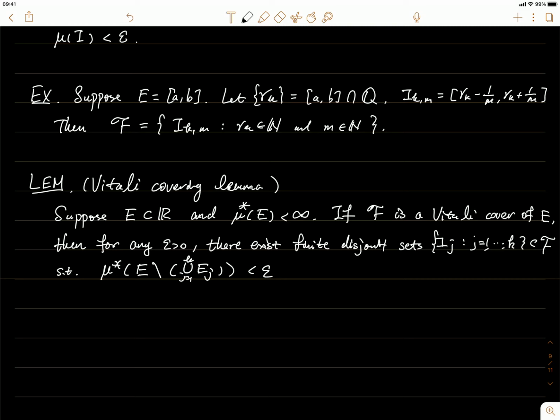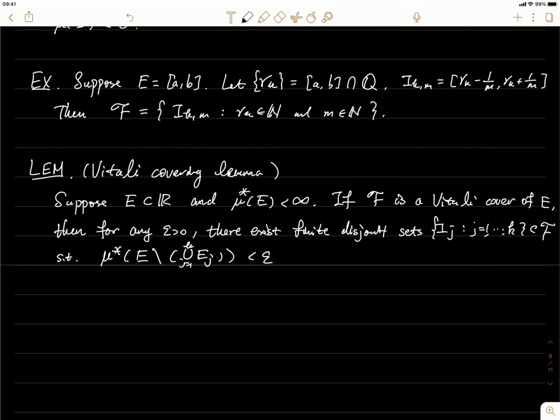So for any epsilon, we can find such a finite disjoint collection of sets from this family such that the union of them almost fills up E. The difference of these two has an outer measure less than epsilon.